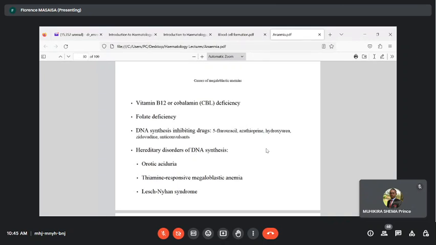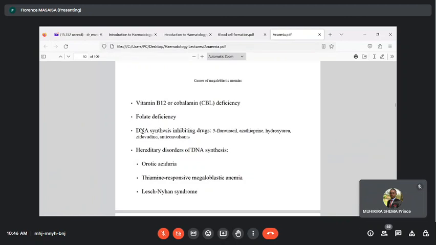We have medications like 5-fluorouracil, which is given in case of leukemia or cancers. We have azathioprine, hydroxyurea, zidovudine, and some anticonvulsants. So these again are things which interfere with the DNA synthesis.